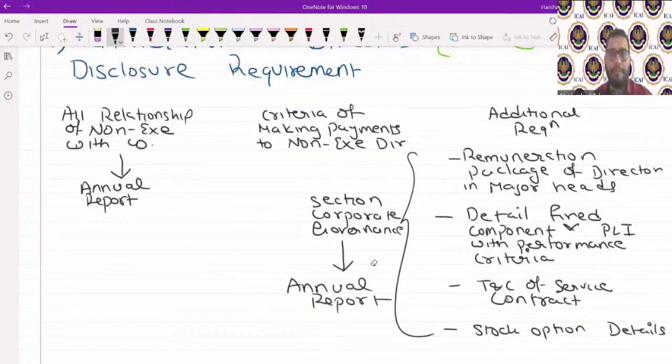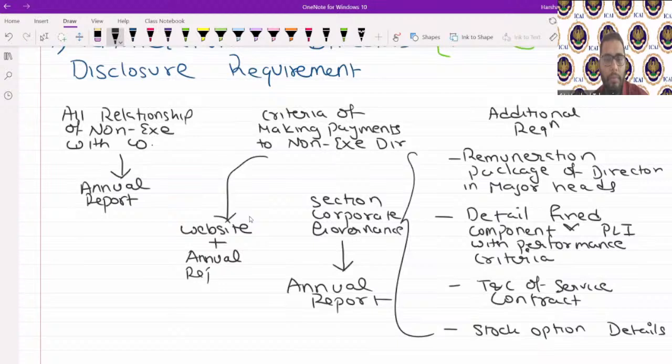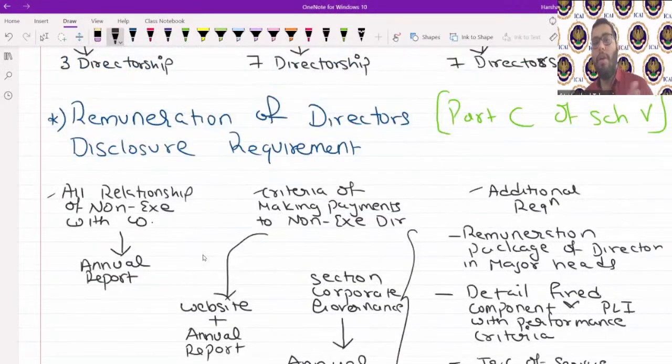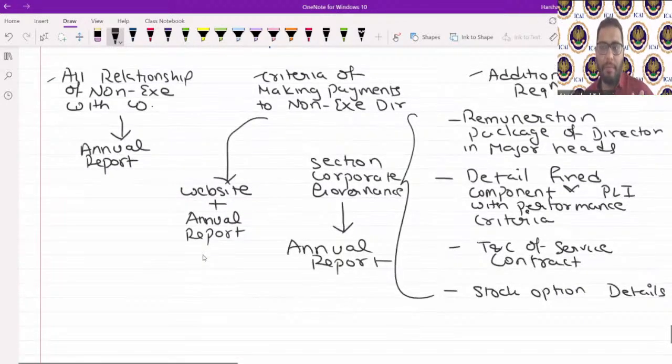This is required to be reported on website plus annual report, and this is required to be reported on the section corporate governance and annual report. So these have different sections and this has a different section. Clear? This was the disclosure requirements for remuneration of directors.